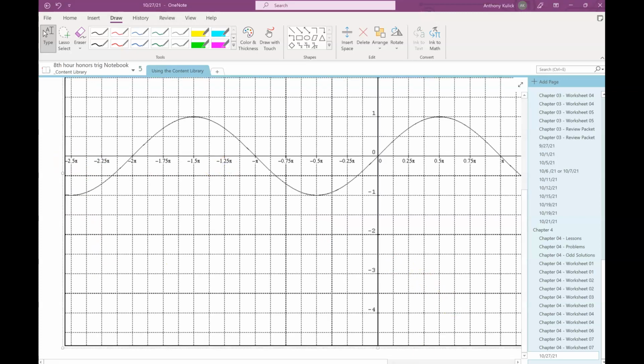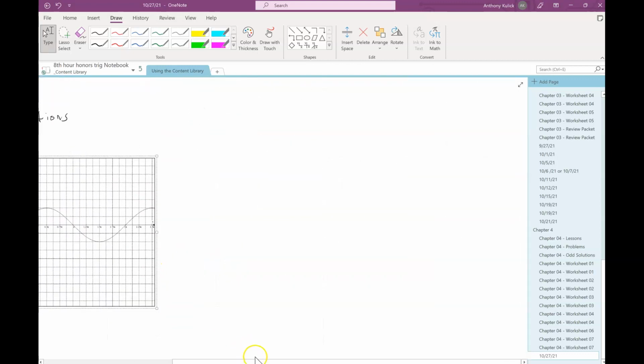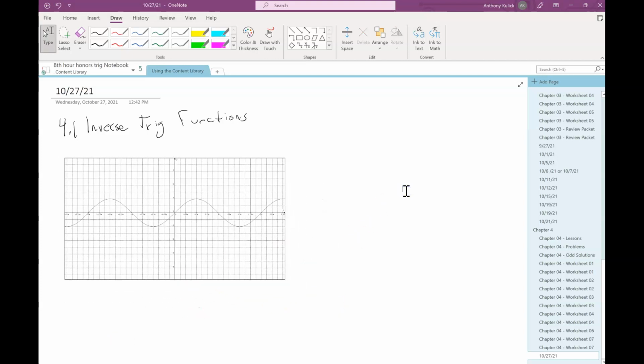So we're going to be talking about these inverse trig functions. And we already talked a little bit about inverses back in chapter 1. So let's say that we want to find the inverse for y equals sine x. To do that, we're going to take every coordinate on the graph and swap the x and y coordinates, right?